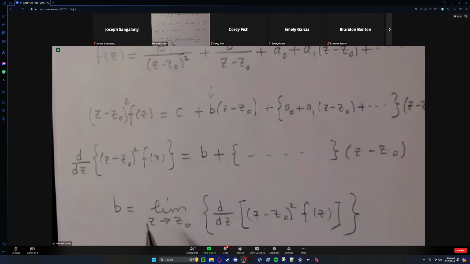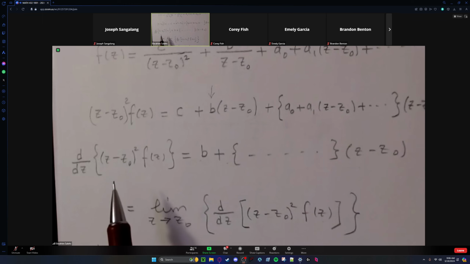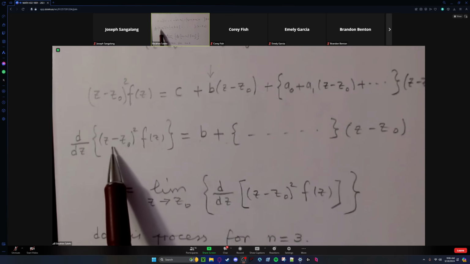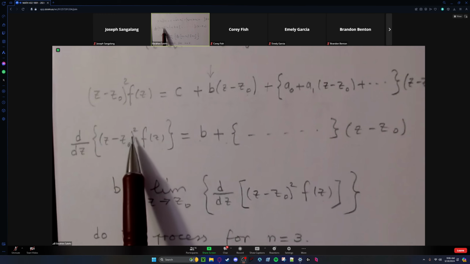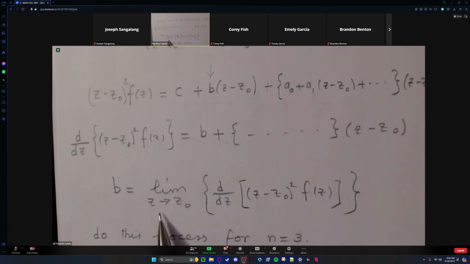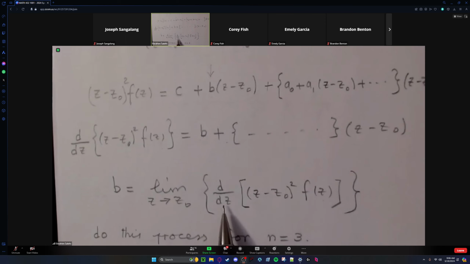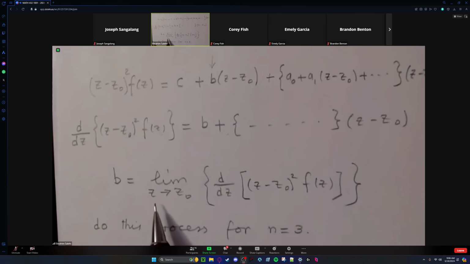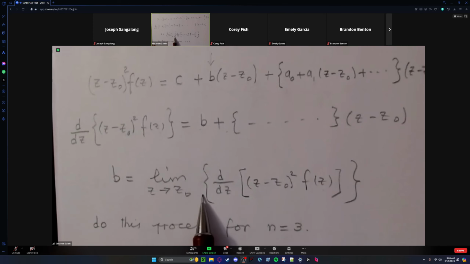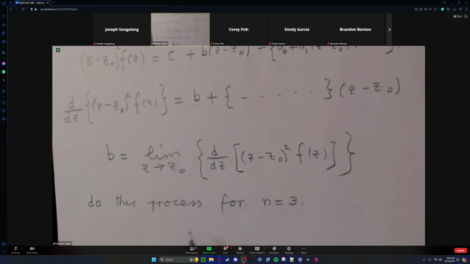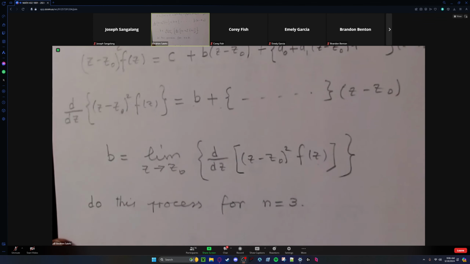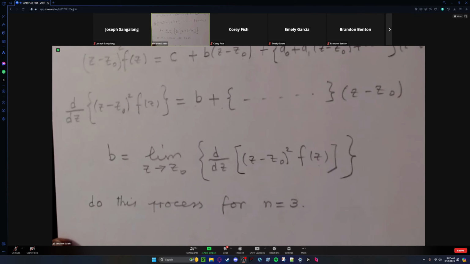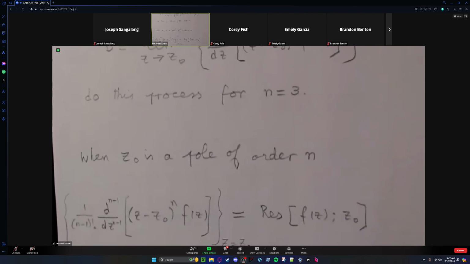So when you have a pole of order 2, this is what you do: you multiply by z minus z naught squared and take the derivative. After taking the derivative, take the limit as z approaches z naught. Before spring break, I told you to please go ahead and do this process for n equals 3, and I trust that you did. In general, when you have a pole of order n, this is what you do.